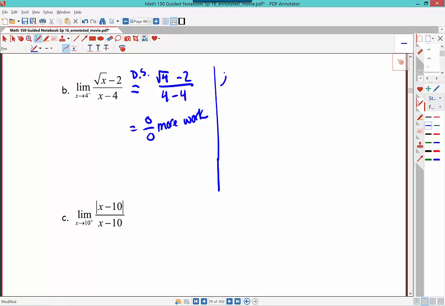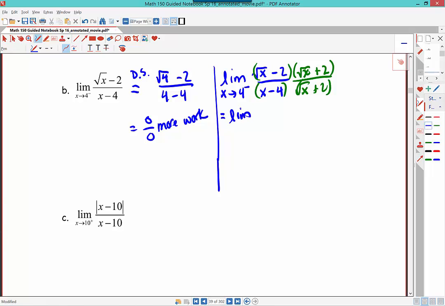Let's rationalize the numerator. So we have the limit as x approaches 4 from the left of root x minus 2 over x minus 4. If we multiply by root x plus 2 over root x plus 2, we will get the limit as x approaches 4 from the left of x minus 4 over x minus 4 times root x plus 2, which, good, these divide out.